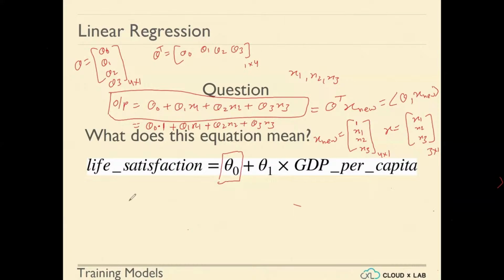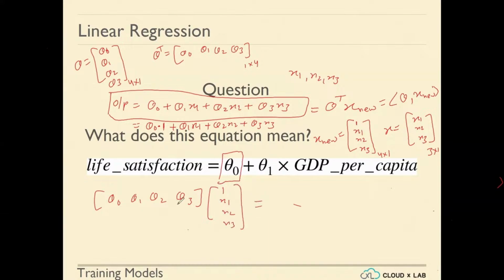Here theta transpose is theta 0, theta 1, theta 2, theta 3, and x new is this vector, 1, x1, x2, x3.